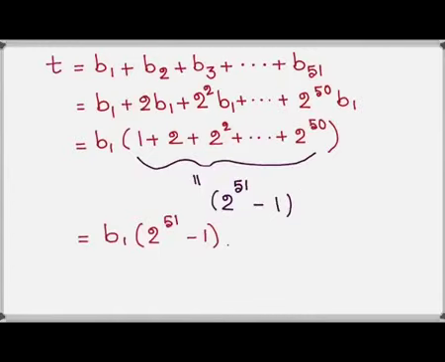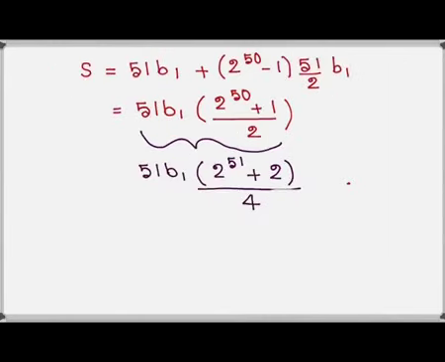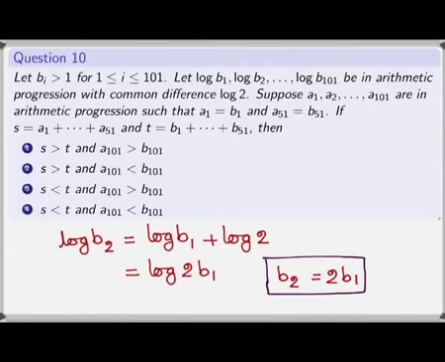We already got T is equal to B1 into 2 to the power 51 minus 1. Therefore, we can conclude that S is strictly bigger than T. So coming back to the question, option 3 and option 4 are not correct.